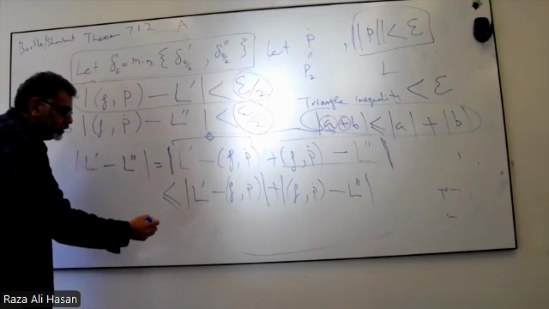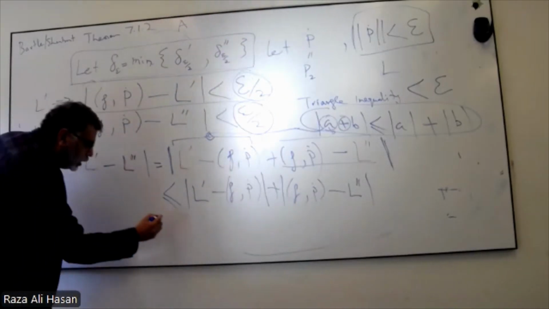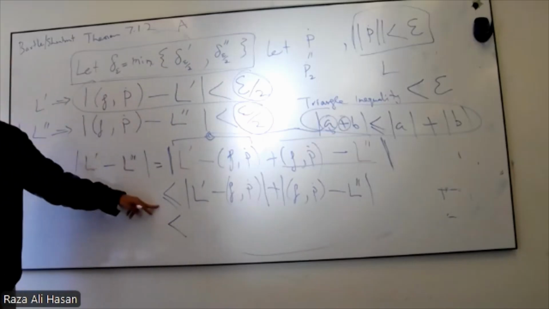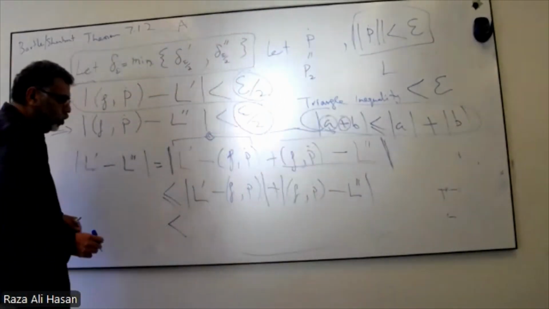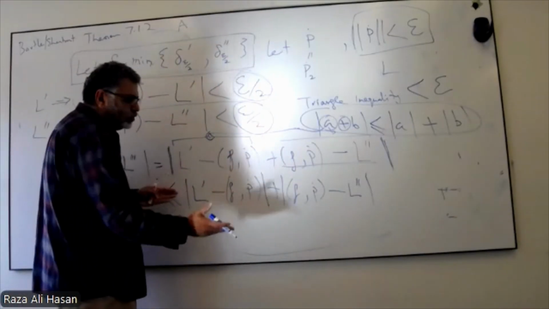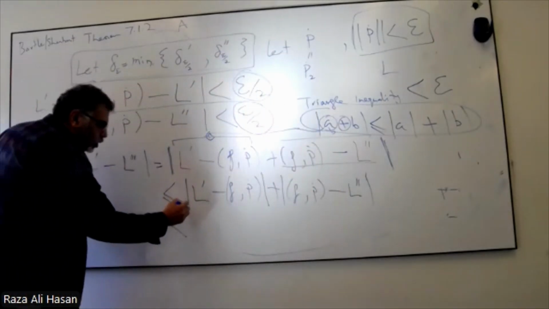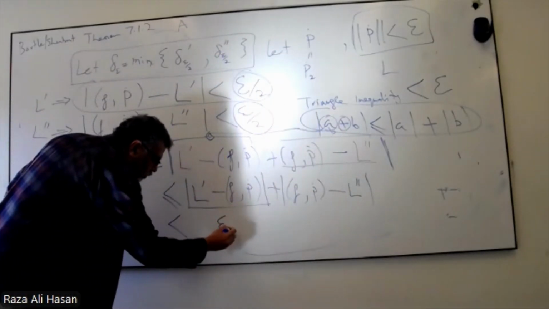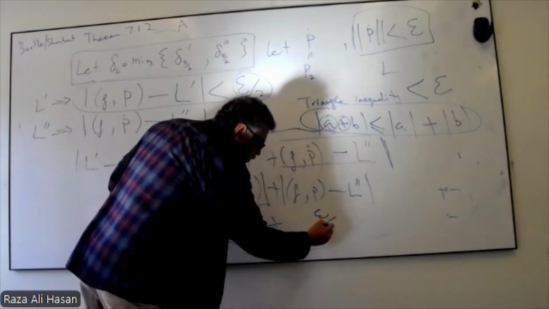So we just replace this thing with, and I want to make sure, less than, not less than or equal to. This is less than or equal to. But when we replace that, we are saying that this sum, this absolute value plus this absolute value, we're going to replace with epsilon divided by 2 plus epsilon divided by 2.